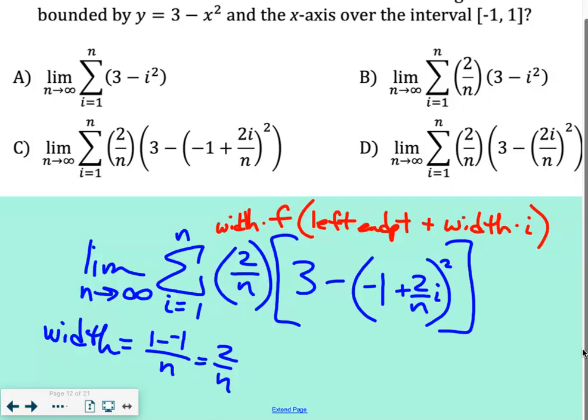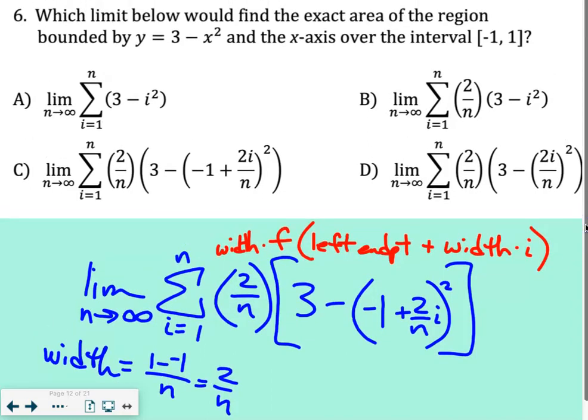What goes in that parenthesis? Left endpoint plus width times i. So just remember, it's width times height. It's an infinite sum of rectangles, right? Width times heights. So how do you find the heights? It's the function evaluated at left endpoint plus width times i. All right, so that's all we're going to do with that.